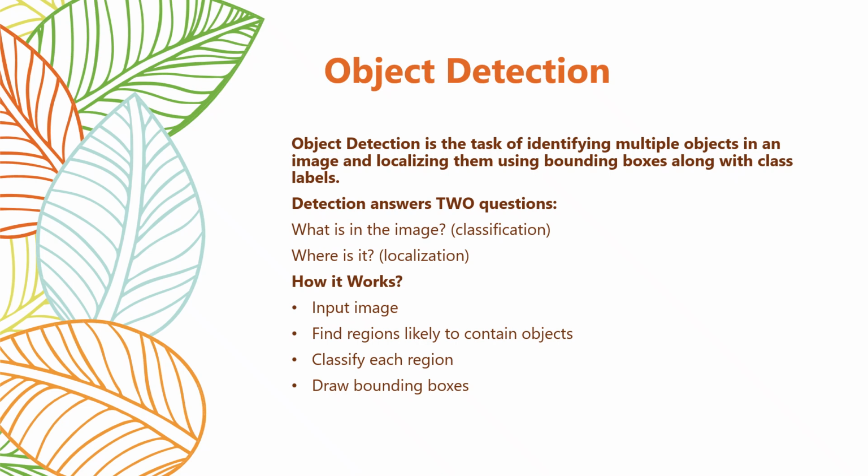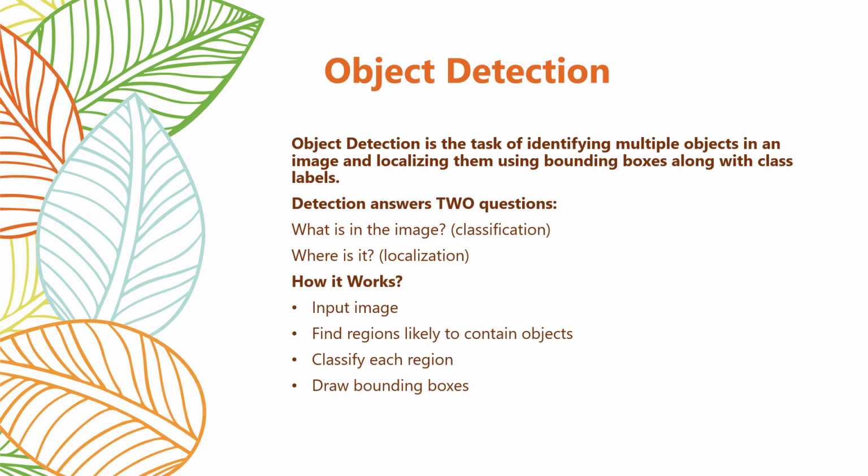Now let's move on to object detection. Unlike image classification, object detection answers two questions simultaneously. First, what objects are present? And now, the second question is, where are those objects located?